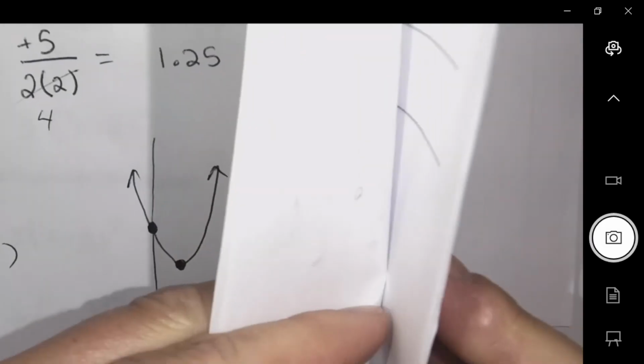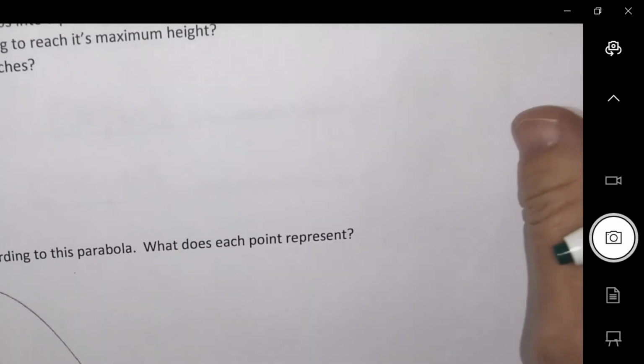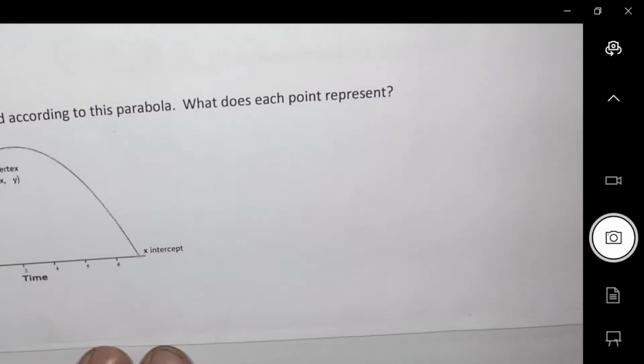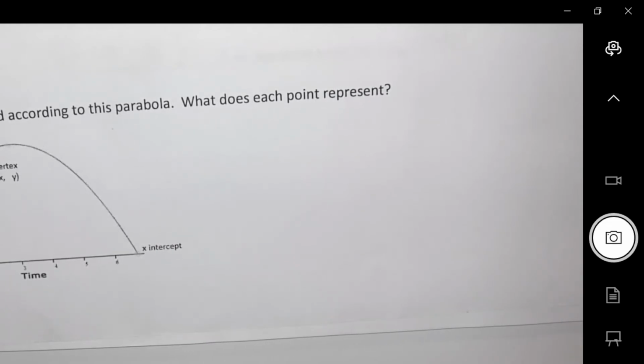Okay, sorry, we're going to jump. Okay, we're going to talk about how to relate quadratic info to real life.